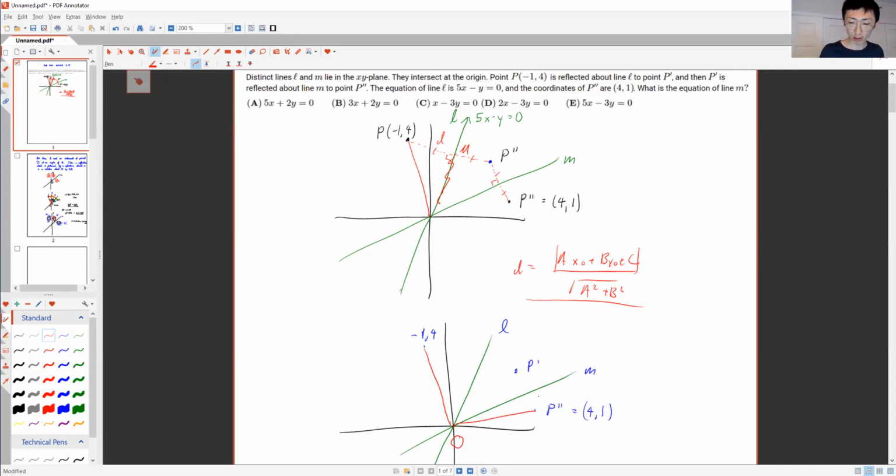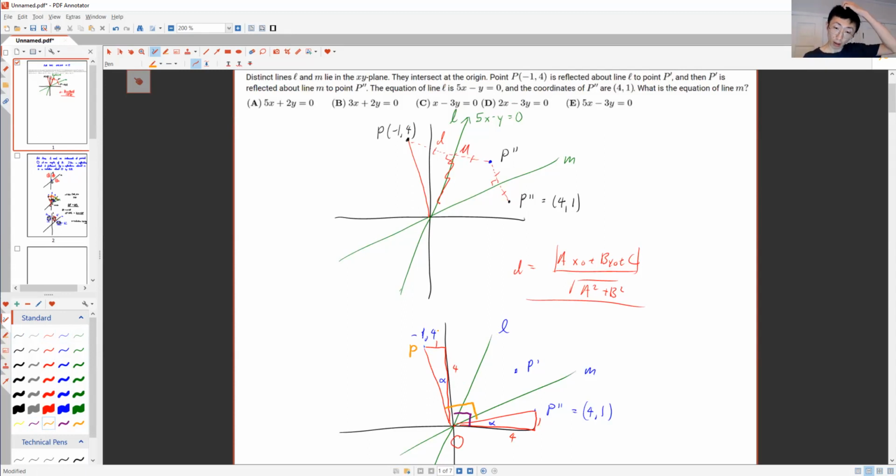But if you notice here, let's say I draw this triangle and this triangle. Then this is 1 and 4, this is 1 and 4. So by SAS congruence, this is alpha and that's alpha. That means the angle between the x and y axis is equal to the angle between PO and OP double prime.